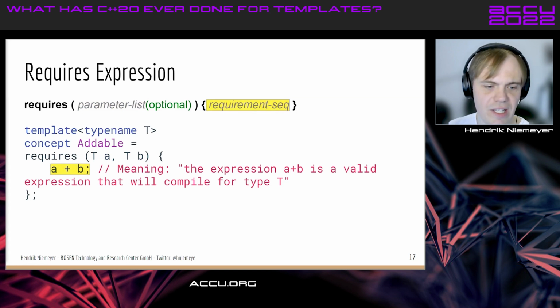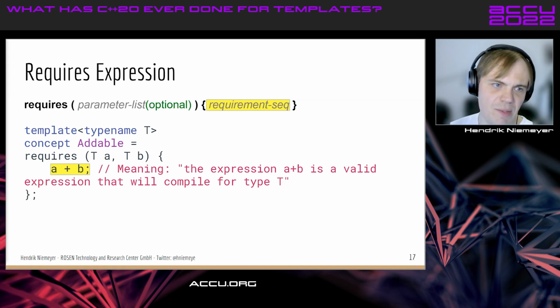And the meaning of this requirement in this requirement sequence translates basically to what is written here in the comment. So it is checked here whether the expression A plus B is a valid expression for the type T and will compile. And this forms the concept, which is therefore called edible.